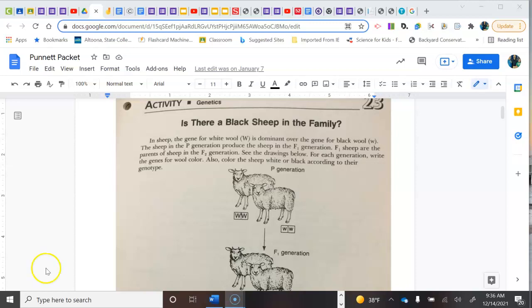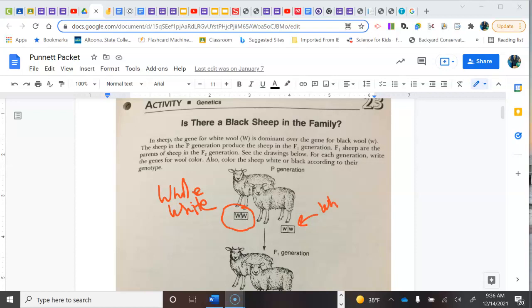So for this, genotype is right here. This one has white and white. It's what we call homozygous, and it would be white. This one here is not white.